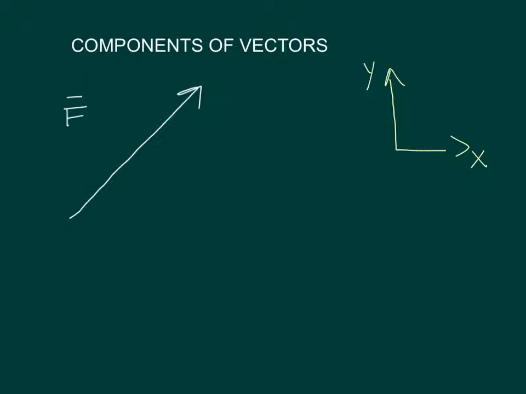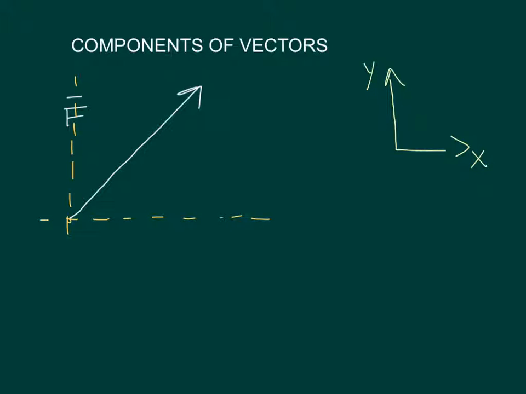And now this vector force F is not along x or y. So we divide this vector into two different parts. The one that affects the horizontal direction x, and another part that acts on the vertical direction y.